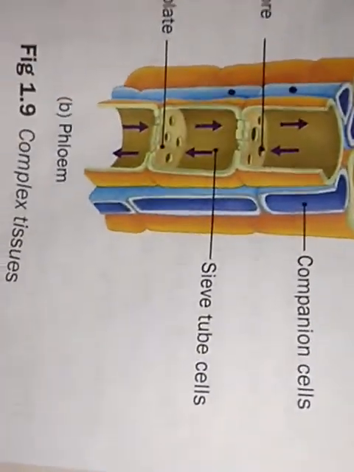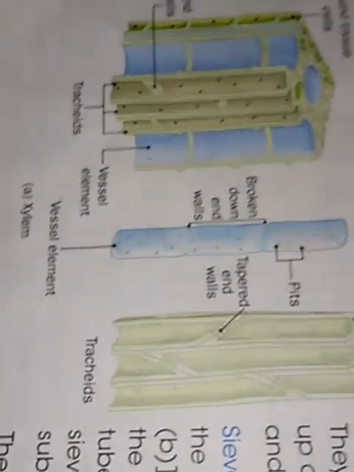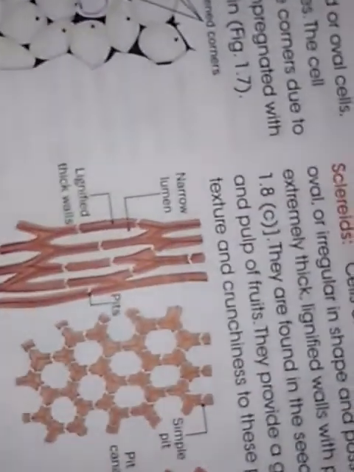How are xylem and phloem present? They are present like tube-like structures. And then examples of fibers are cotton and jute.